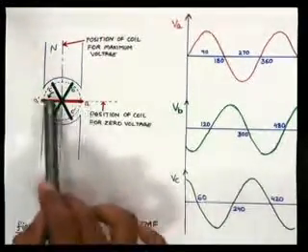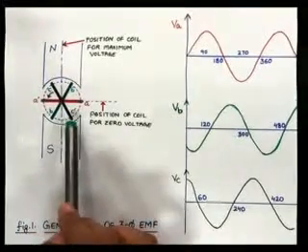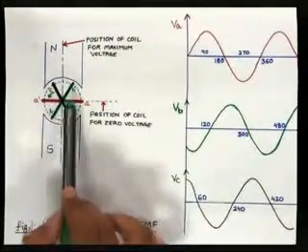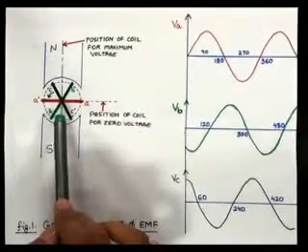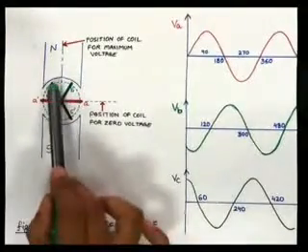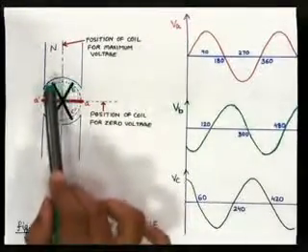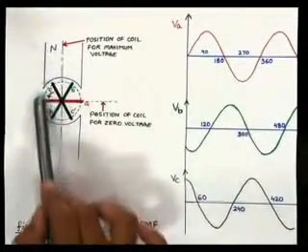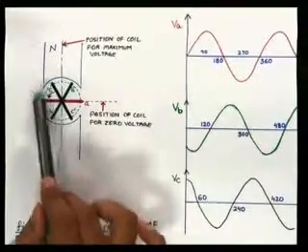When the coil AA dash is in this position, coil BB dash is in this position, and CC dash is in this position. And we know that VC is 240 degrees behind VA, or it is 120 degrees ahead of coil AA dash. So what will be the EMF induced in coil CC dash? In this position, it has passed its position of maximum voltage. It is coming towards the horizontal plane, so the EMF tends to reduce.